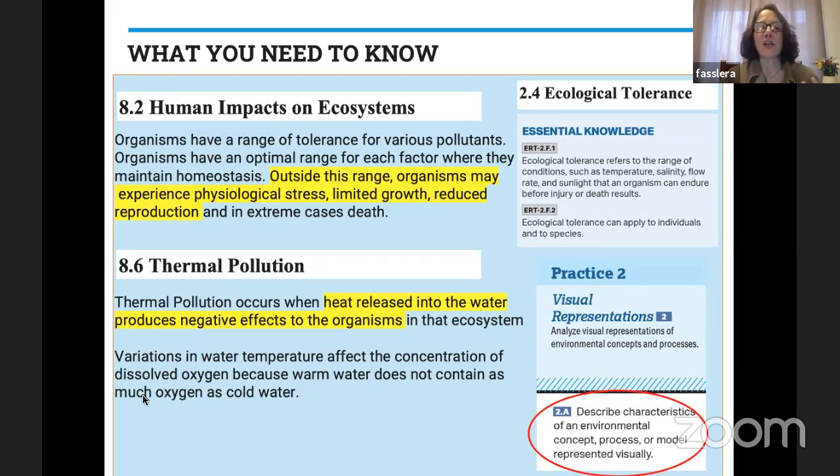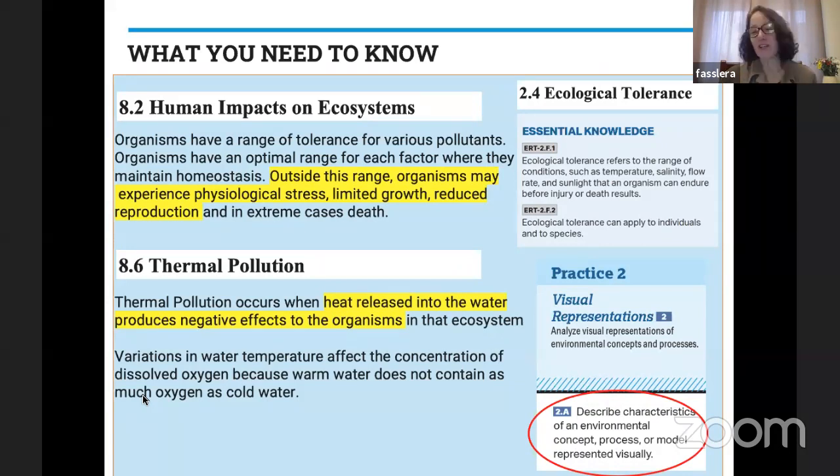If this idea of range of tolerance is the span of abiotic conditions over which an organism can survive, one of those key abiotic conditions that's pretty easy for us to understand is temperature. In other words, how do changes in temperature affect the physiological stress of an organism? That idea is just a way of saying, how healthy is it?